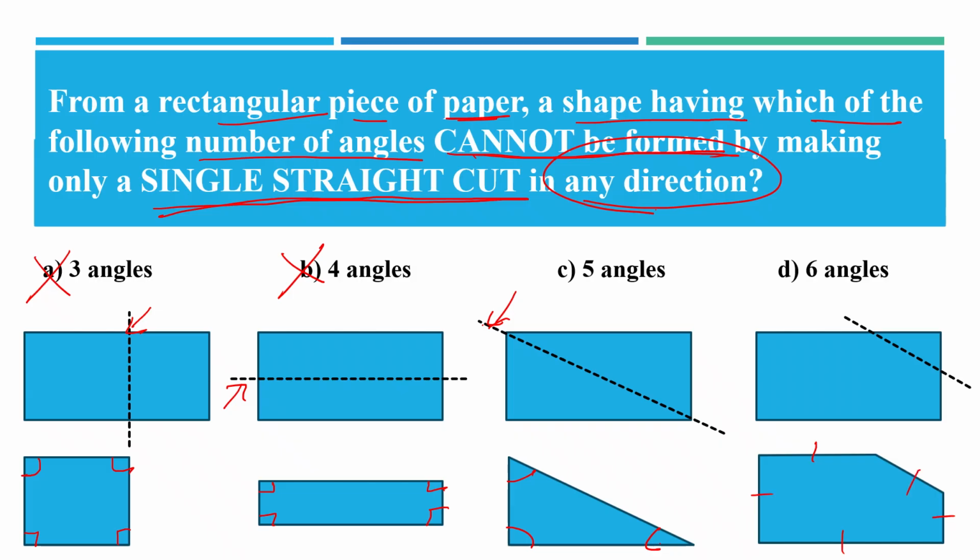Obviously there will be 5 angles. So option C is also not the option we are looking for. Therefore, the only option left is 6 angles. Great. So there can be 3, 4, 5 angles by cutting a piece of a rectangle, but not 6. Great.